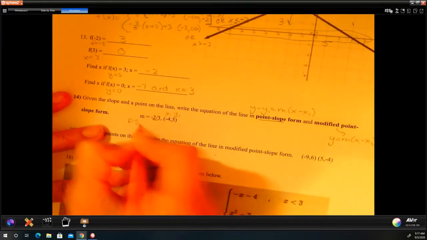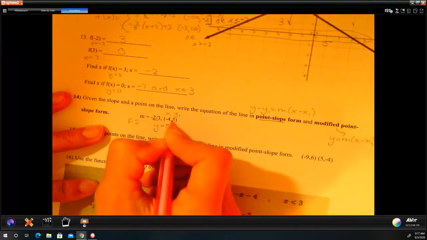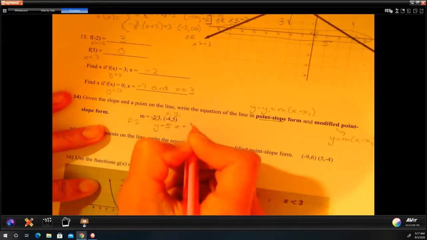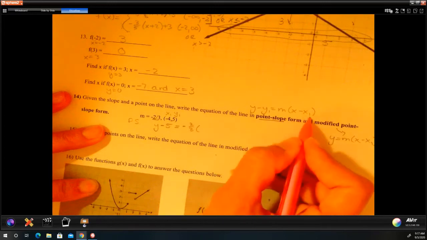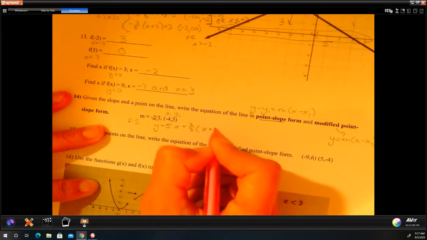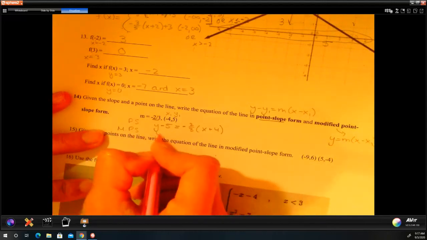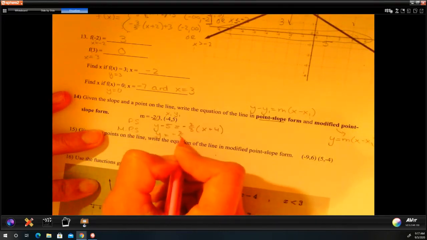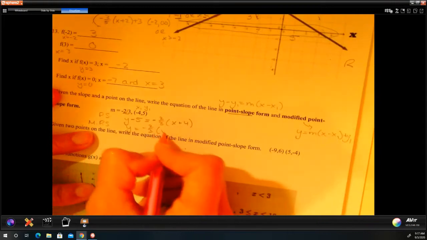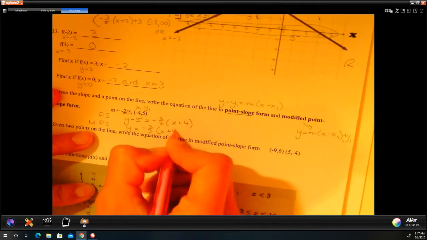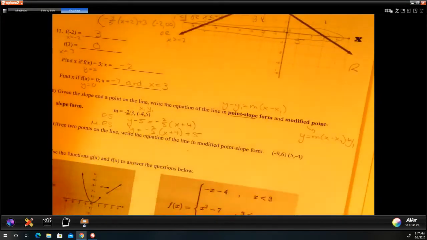So point slope would be y minus the y1 equals m(x minus x1). So x opposite of x1. Modified point slope, y equals m(x opposite of x1), and then plus my y1.